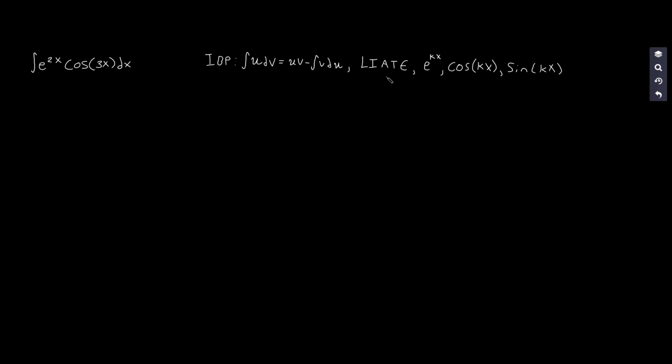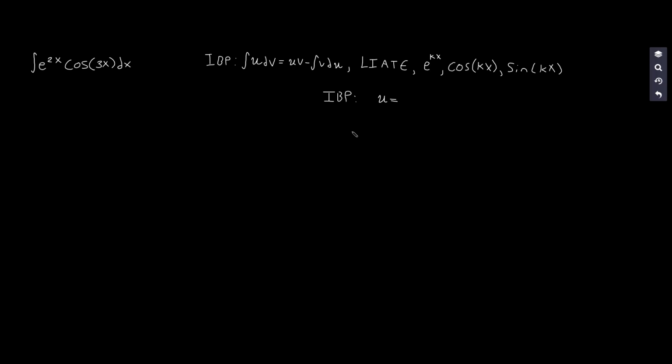You could let the exponential be first. And so, well, let's set up our integration by parts. In this case, it says that we should do trigonometric first in front of the exponential, but in the integrand, it's the product of e raised to the power of 2 times x and cosine of 3x.